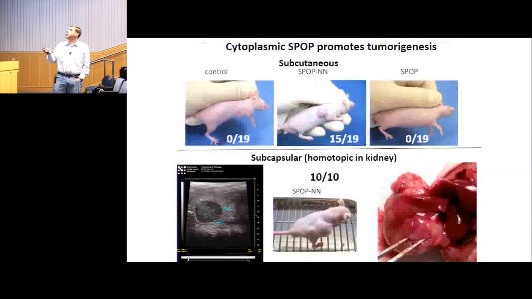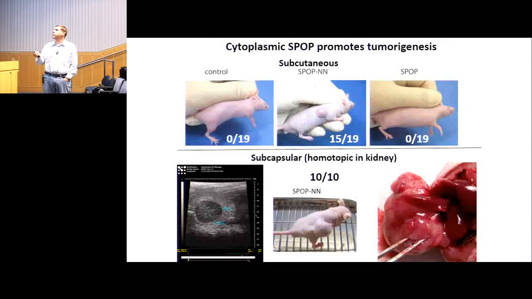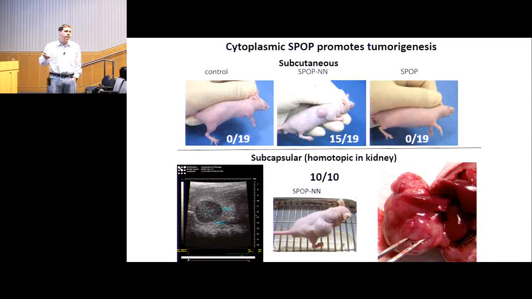Then we established both subcutaneous and subcapsular models, where we do operations on these mice, and we inject it in the subcapsular region of the kidney, and you get these very big and heavily vascularized tumors. We don't get it with the control. So it's only when SPOP is in the cytoplasm that we drive these tumors.